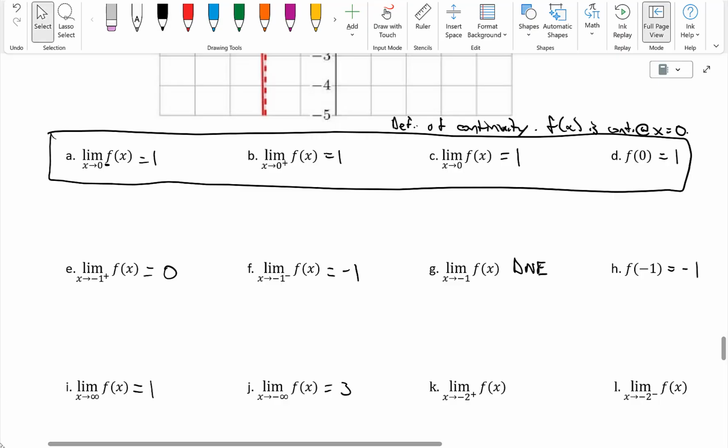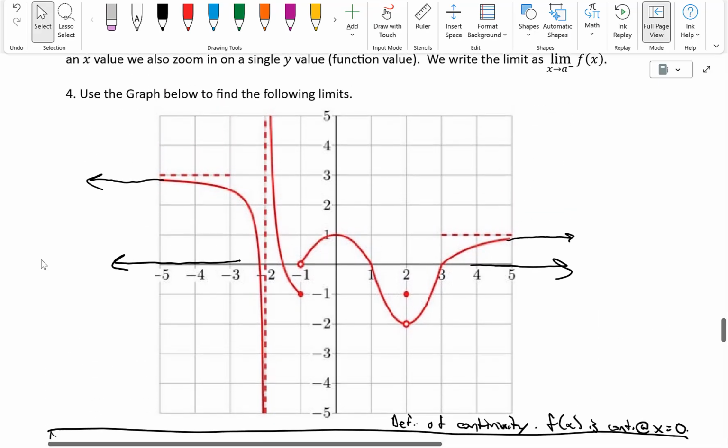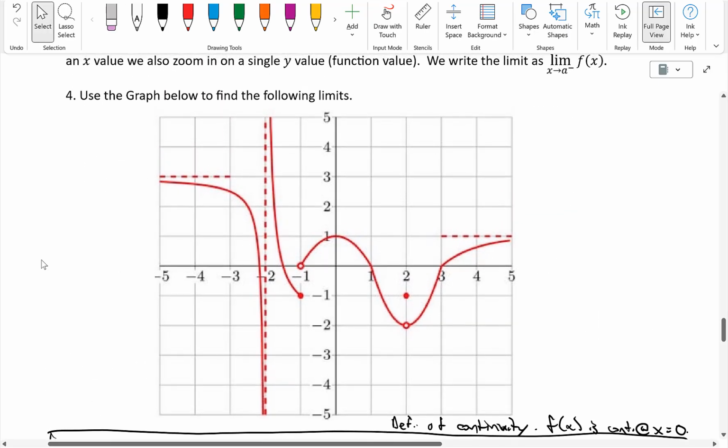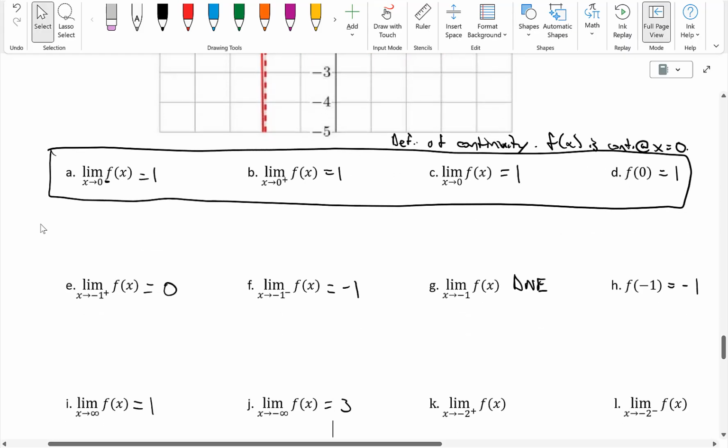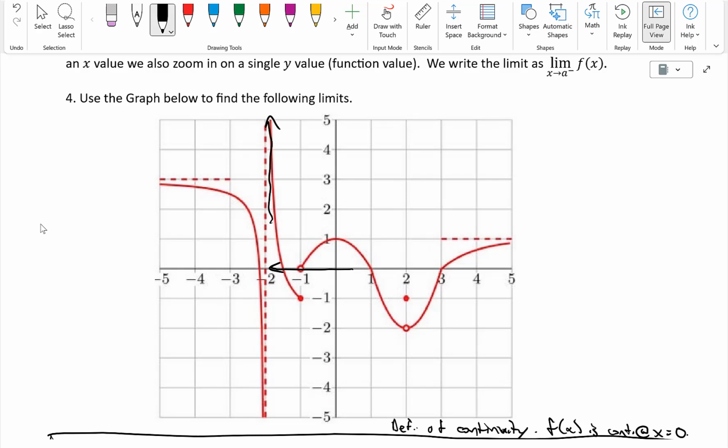And then we're looking at -2 from the left and right to finish this one off. As we come in from the, I think we did right first for the other ones. Is it still right? Yeah, we'll do the right. So to the right of -2, we're coming in from that positive side. We're running up along this piece of the function and up along, we'd call this vertical asymptote at -2.